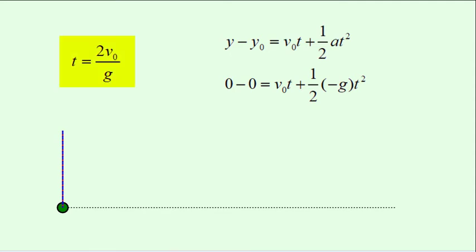The time taken by the ball is 2v0 over g, and this formula you should try and remember. Just in case you forget, the derivation should take you less than a minute. We apply the second equation of motion along the y-axis.